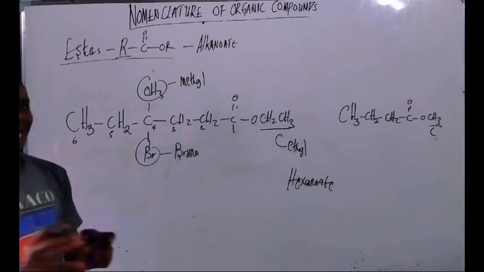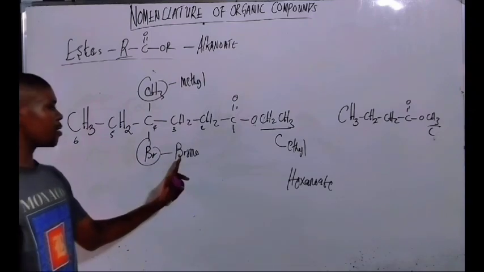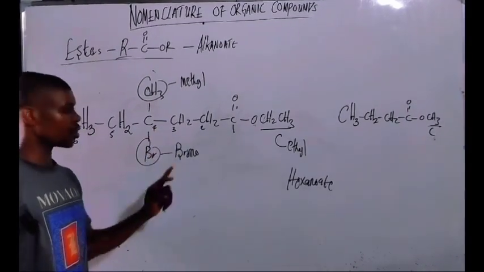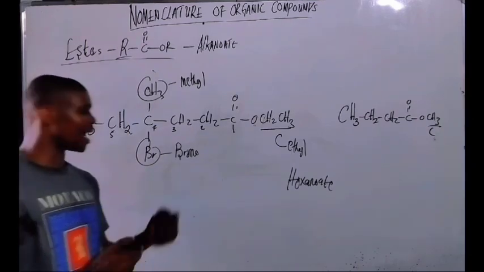Here we have bromo, methyl, and ethyl. We must arrange them alphabetically. Bromo will come first, and bromo is on carbon number 4. Irrespective of the position, you must arrange them alphabetically.